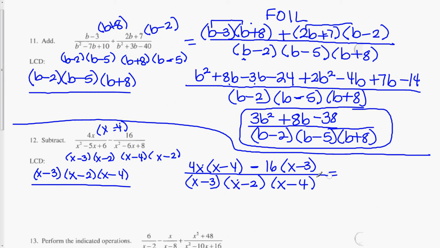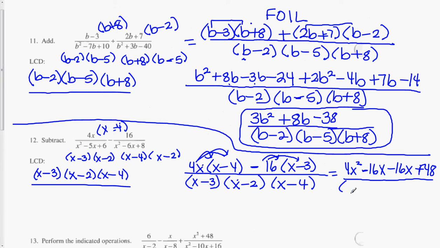We'll try and condense this and write it out to the side. When I distribute, I'm going to have 4x squared. I'm going to have a minus 16x. I'm going to have another minus 16x. And then negative 16 times a negative 3 is going to give me positive 48.